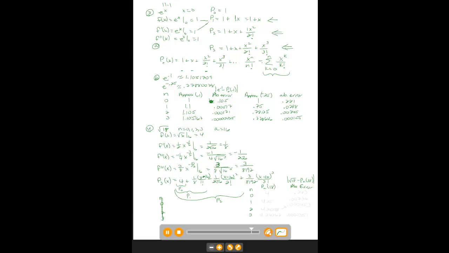So when I stick in on the 0 term, the answer is just 4. When I stick 18 into the first two terms, I get 4.25. When I do the first three terms and I stick the 18 in, I get 4.242188.